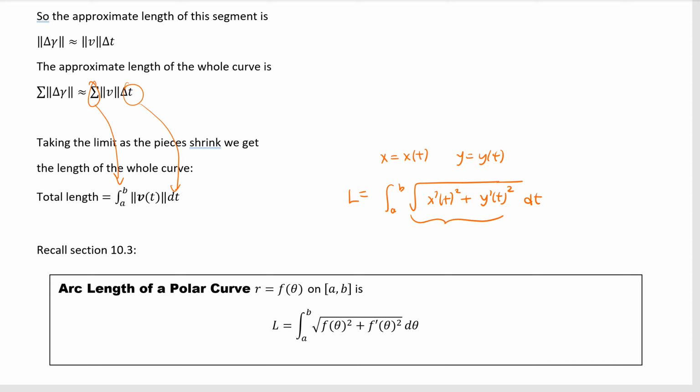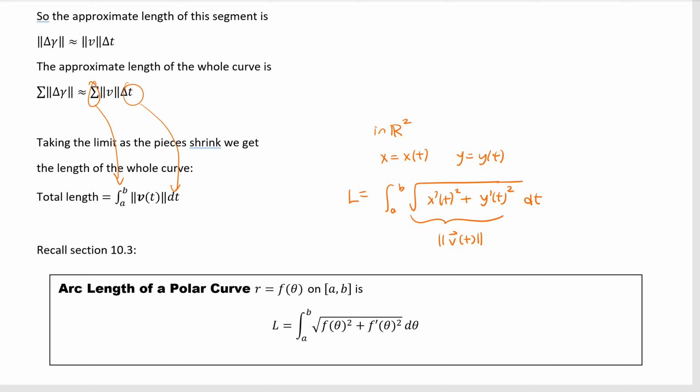And in R2, this is exactly the speed. So in R3 or Rn, when we have more components, we just have more coordinates, maybe plus z prime of t squared there.